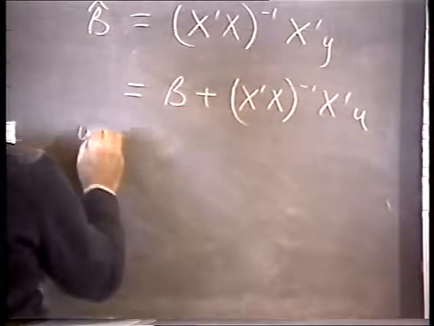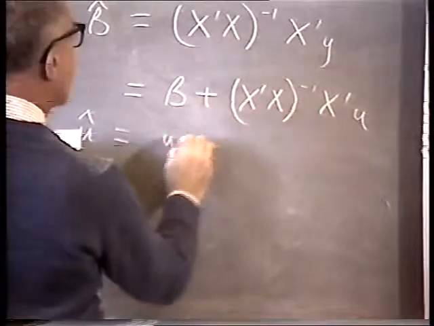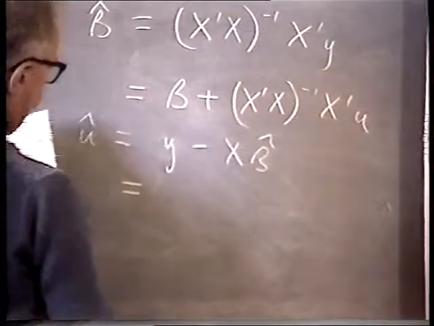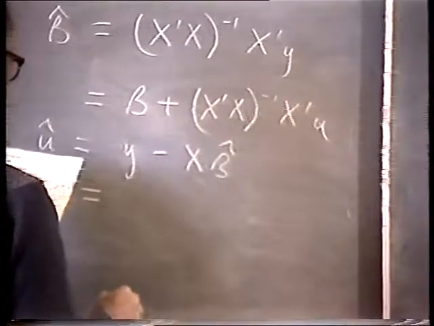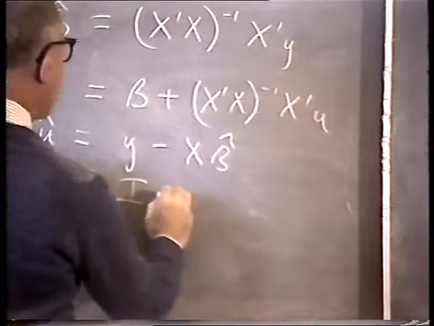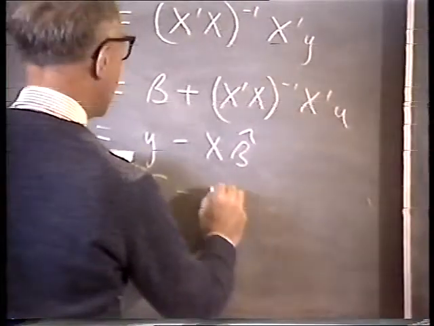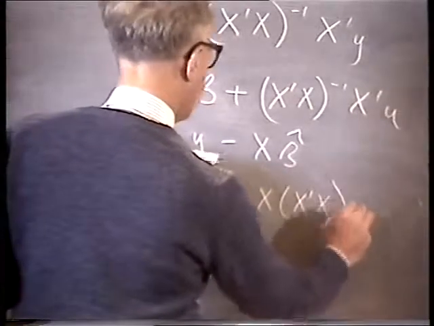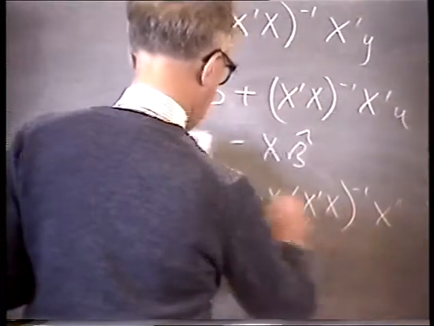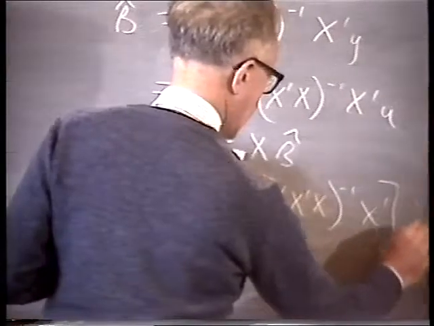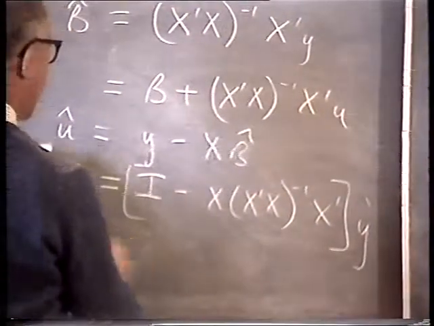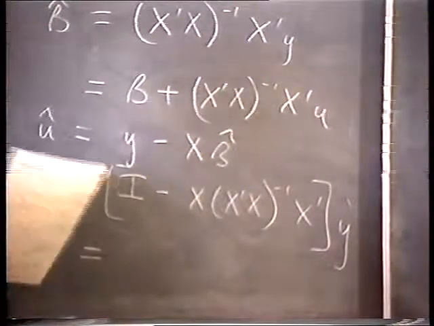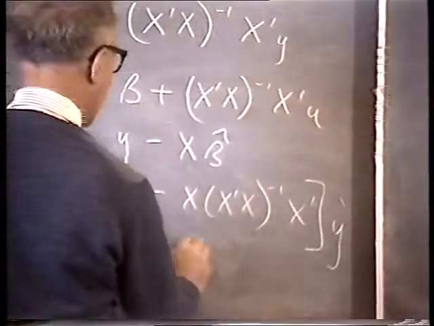Then defining u hat in the usual way, one substitutes to get that it can be written either in the form [I minus X(X'X) inverse X'] y, or alternatively, again substituting from the first equation in there, the same thing.